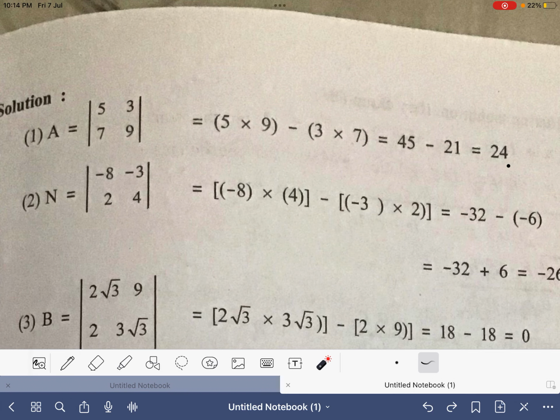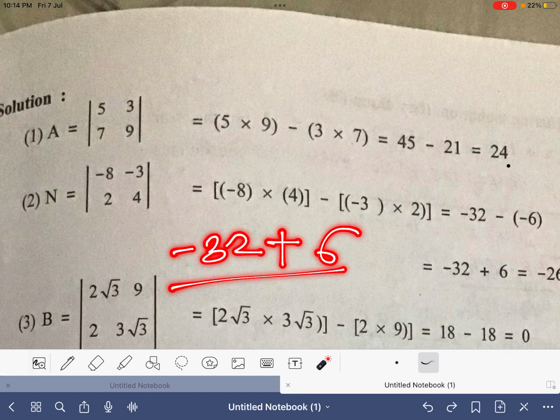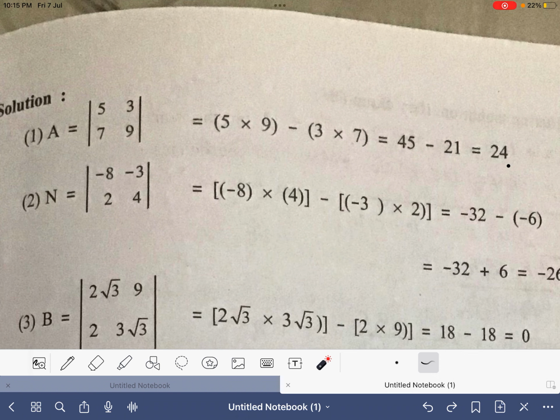Oh sorry, so 32 minus of minus plus 6. So we have to write it like this, 6 plus and minus 32. Ultimately these two have different signs, so we have to subtract the numbers: 32 minus 6, and write the answer.